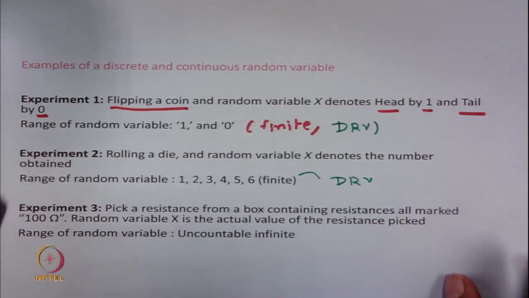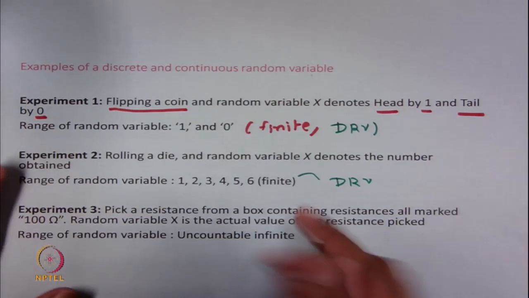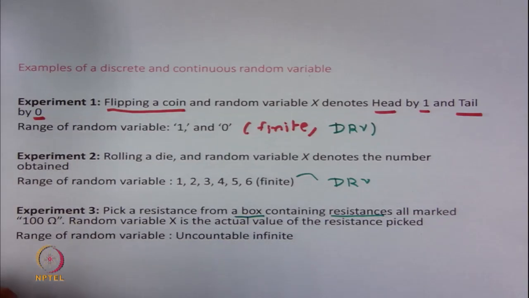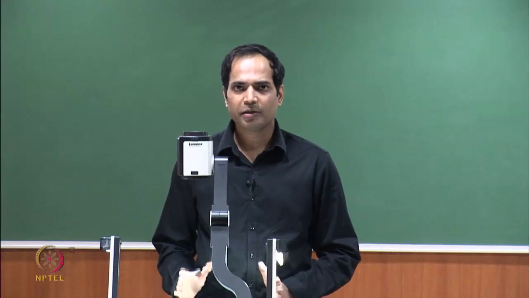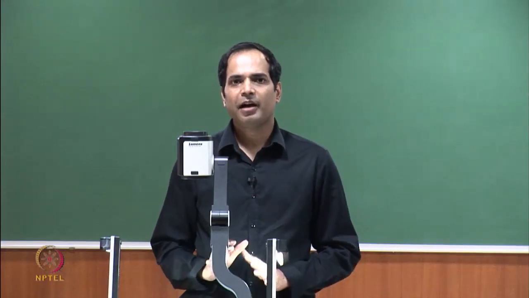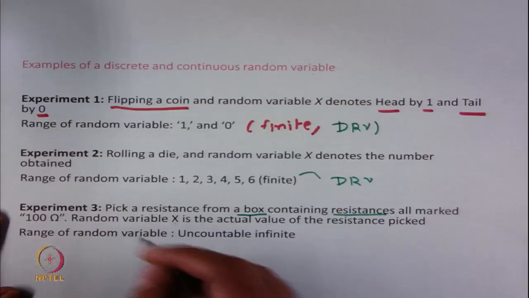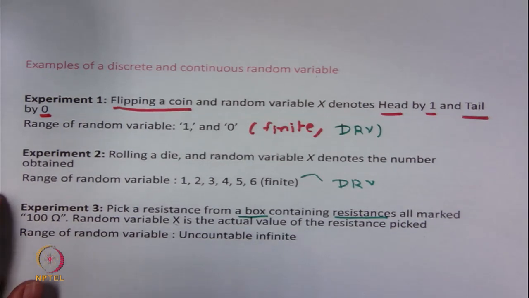I can take a trickier example. Suppose I have a box containing resistances and all resistances are marked as 100 ohm resistance. Okay. So, I pick a resistance randomly from the box and I choose a random variable X, which tells me the actual value of the resistance.